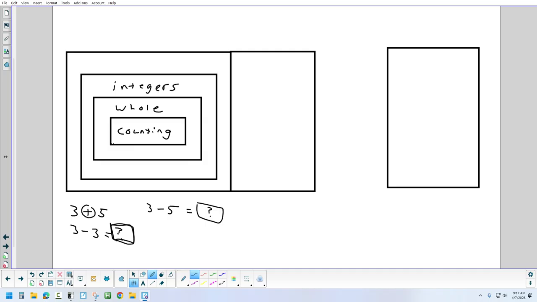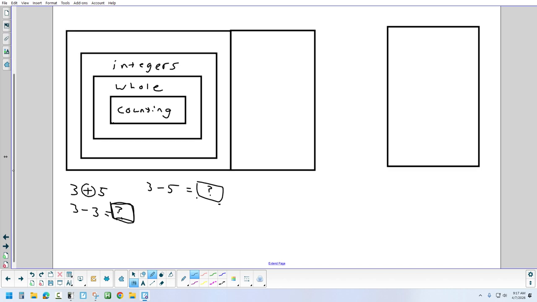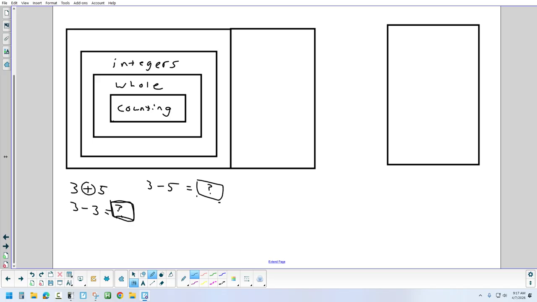Each time that we introduce a new set of numbers, we're doing it because we're trying to solve a calculation that has come up that we don't have a way of writing an answer for. If we don't have any way of writing an answer for that when you're in kindergarten, you don't know how to do it. So eventually you learn about integers. With addition, subtraction, even multiplication, we're good now.